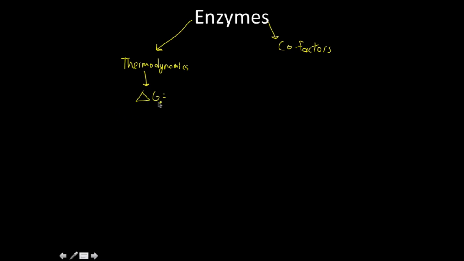The way that we define delta G is this: delta G equals delta G naught, this is a Gen Chem concept review, I know, plus the ideal gas constant times the temperature times the natural log of your product concentration over your reactant concentration. Now, this is an enzymatic reaction, so it's not like we have 2 or 3 coefficients, but if there were coefficients, we would raise them to the power of those coefficients.